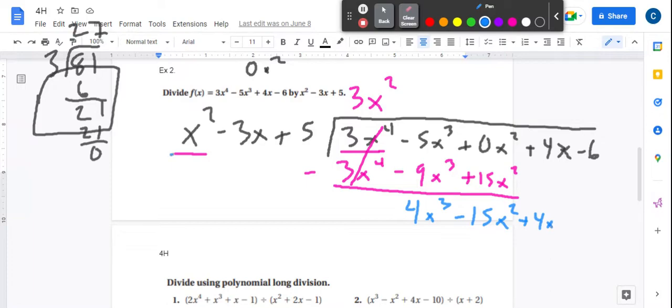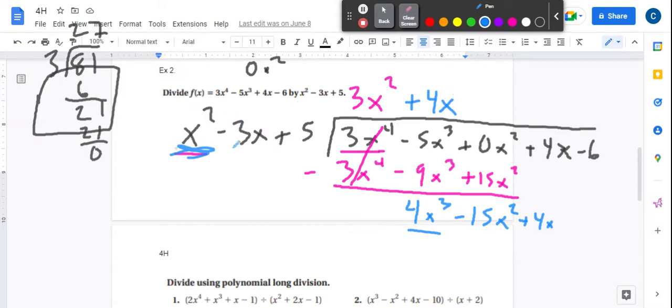So we're going to look at our x squared and our 4x cubed. So x squared goes into 4x cubed 4x times. So we're going to add 4x up top, because 4x cubed divided by x squared is 4x.